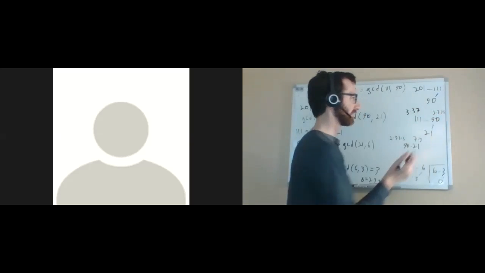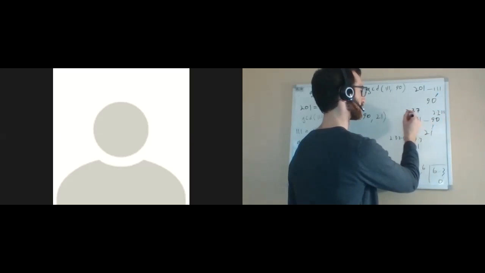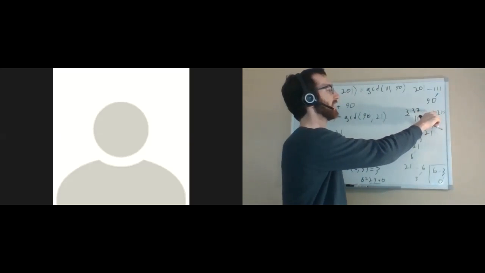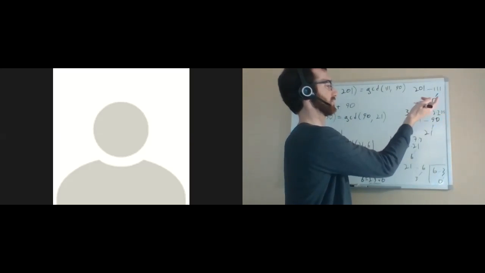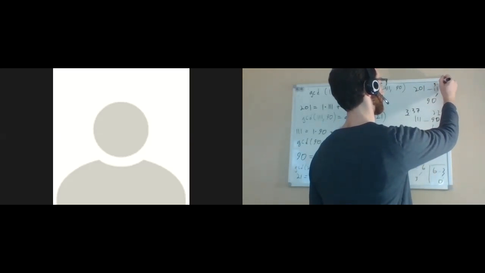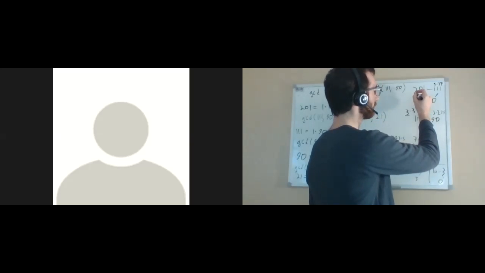37 is prime, I think. So once again, you see the only common divisor between 3 times 37 and 2 times 3 times 3 times 5 is just 3. And then the last thing I check is this is 3 times 37, and 201 is 67 times 3.